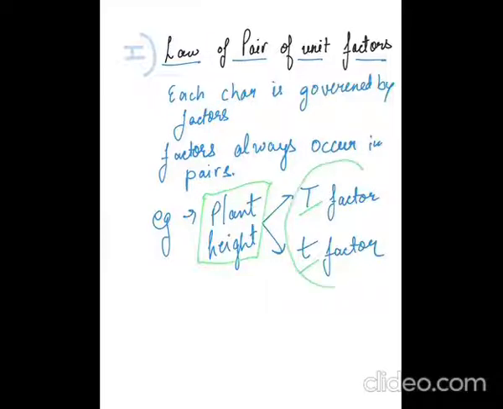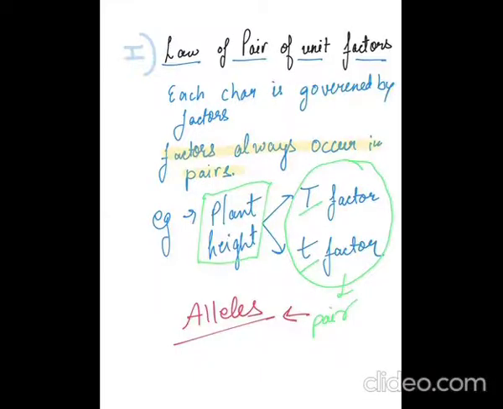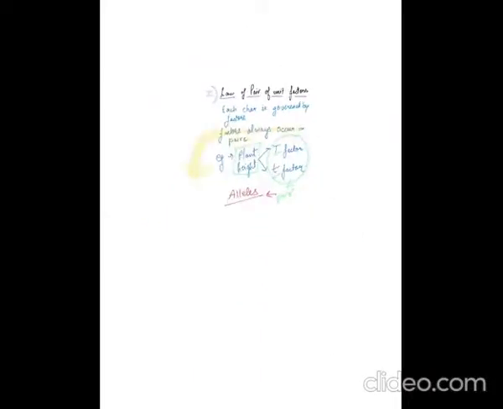Now these two factors occur in pair, and today they are called as alleles. So this is important that factors always occur in pairs. Why? Let's see this. How factors occur in pair.